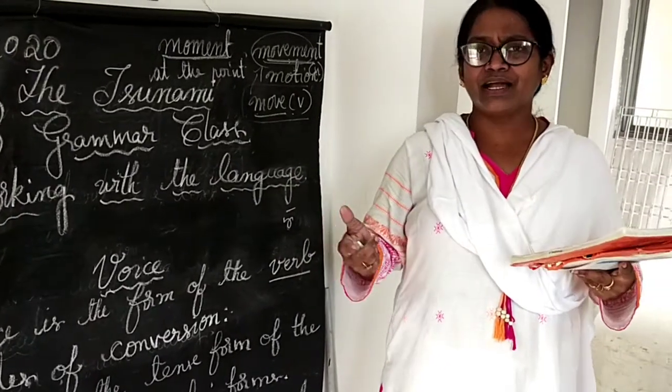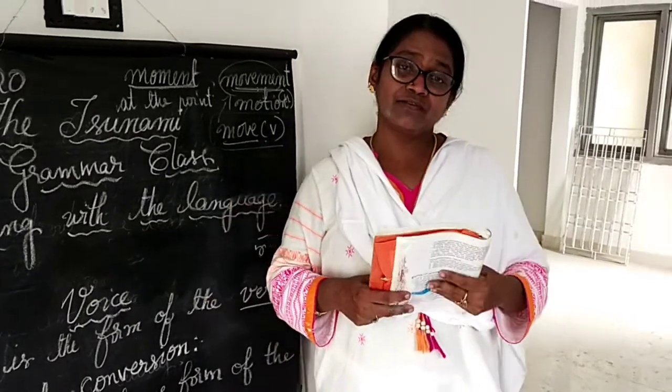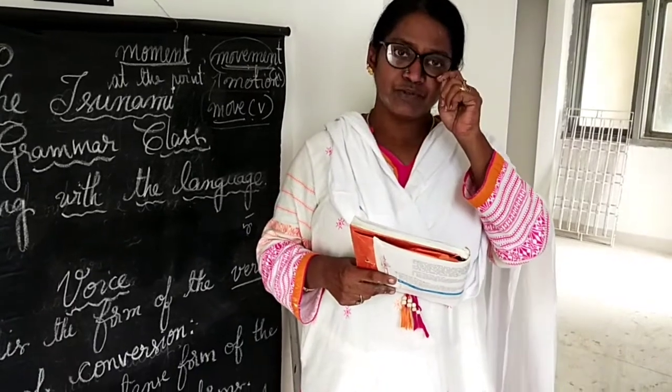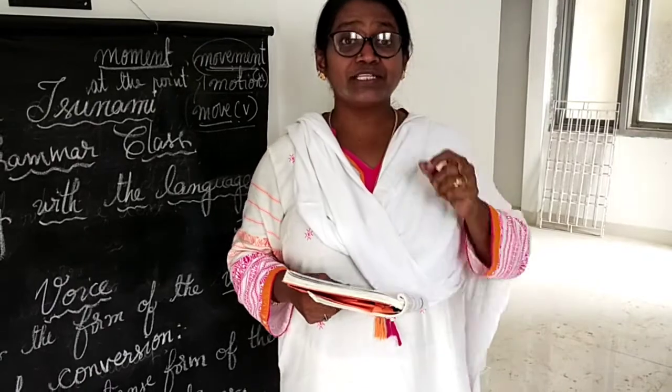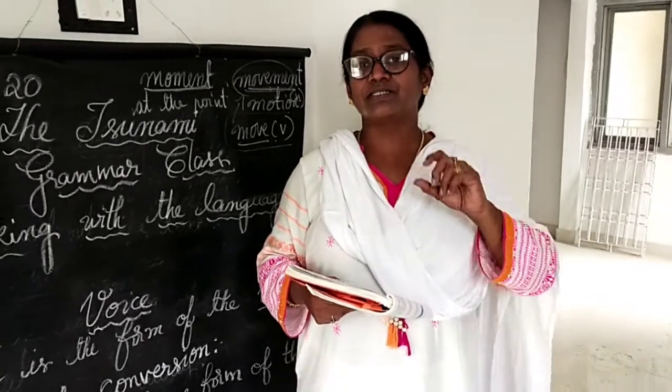How can you decide which sentence is written in active voice and how the passive voice is understood? For that, I just wanted to give you some clues. As I said before, active voice can be easily recognized with the help of its subject.